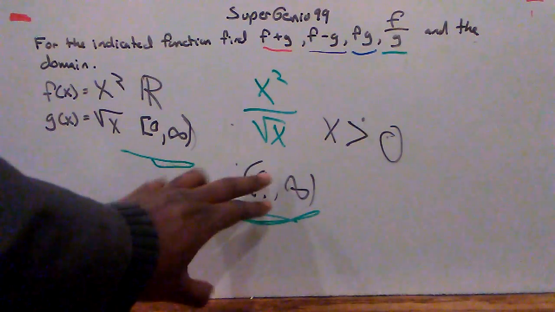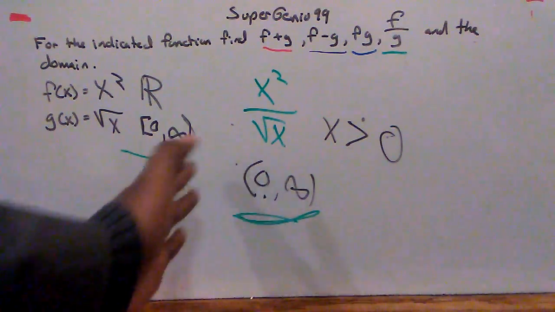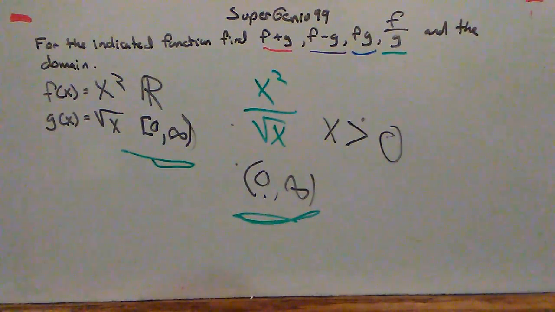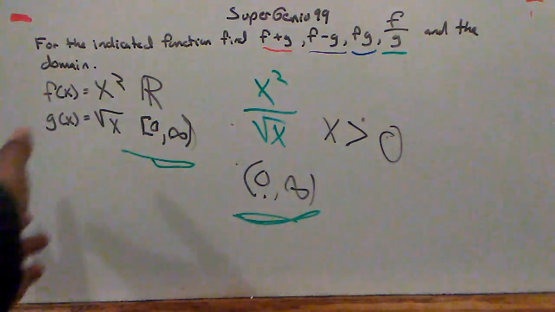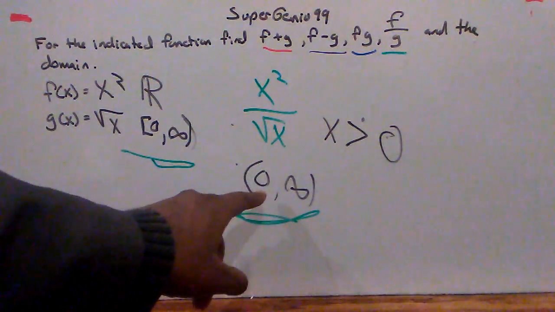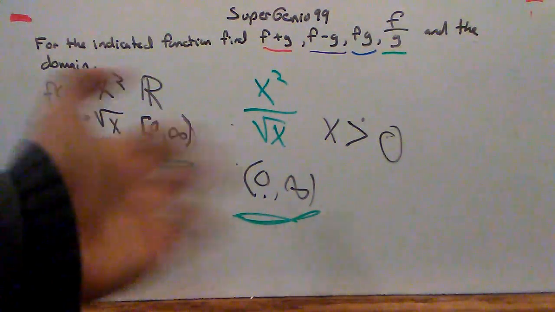Here we can't use 0. We can use anything to the right of 0 or greater than 0. So you can use 0.1, you can use 0.001, you can use 0.0001. You just can't use 0. You can use anything that's greater than 0. Here you can use 0 or anything that's greater. Okay, so this you can use 0. Here you cannot, but you can use anything to the right of it.